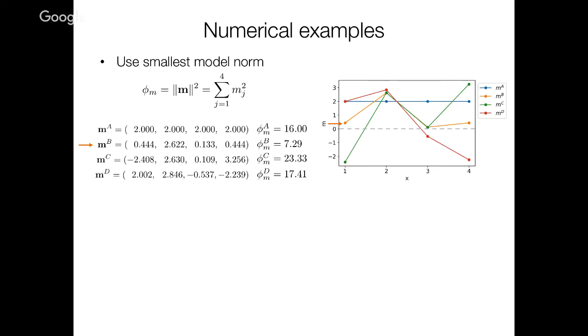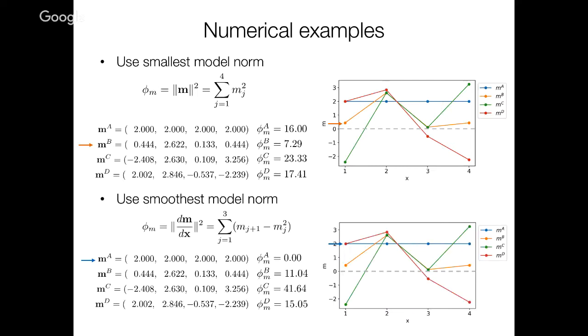Okay. If we chose a different metric, let's say we chose this smoothest one, we're minimizing the variation of these successive elements. Then in that case, the solution that is just constant here, with a value of 2, is the one that minimizes that.